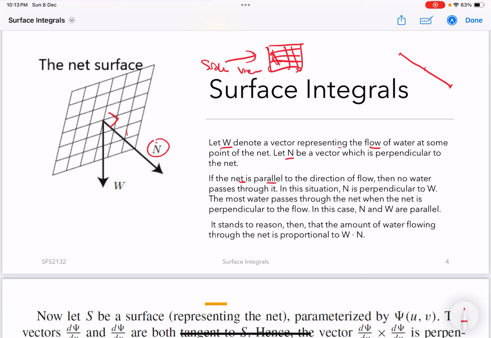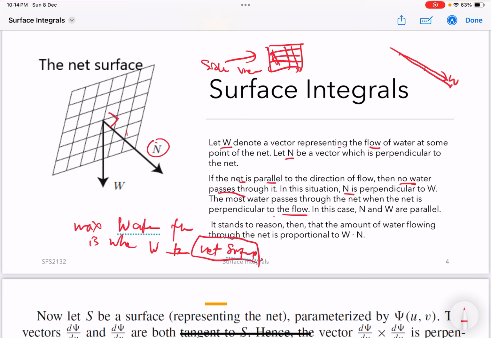If the water flow W is parallel to the direction of this net, we can say that there is no water passing through it, so it is not 90 degrees. The most water passes through the net when the net is perpendicular to the flow. The maximum water flow is when W is perpendicular to the net surface.